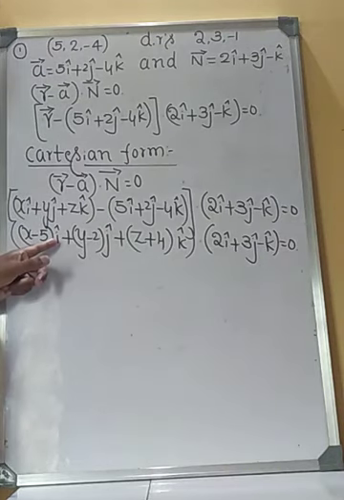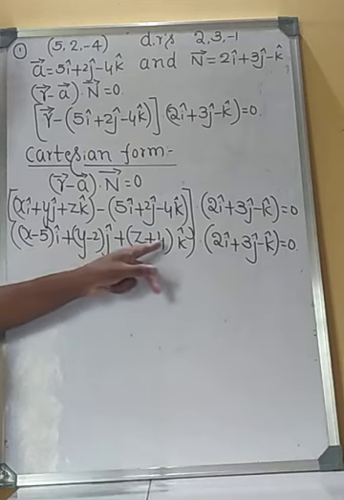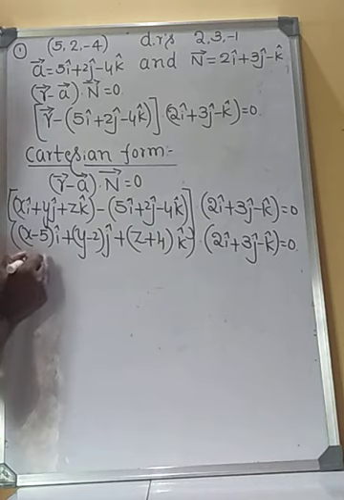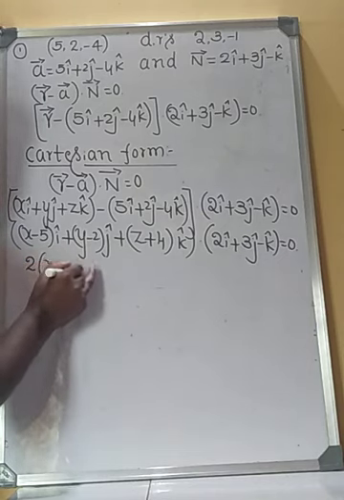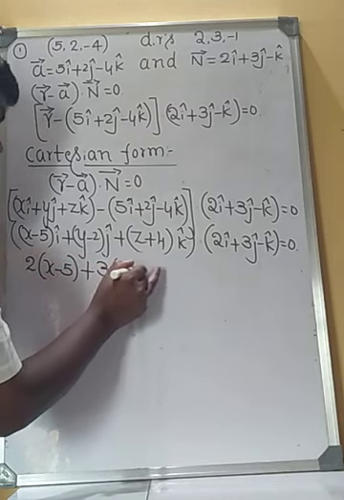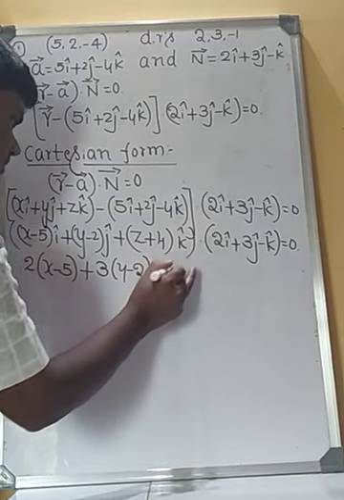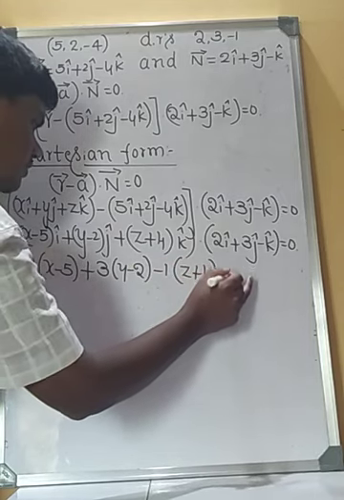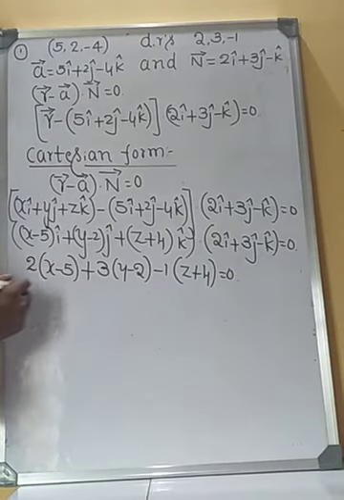Now equating the coefficients of i, j, k, therefore 2 into (x minus 5) plus 3 into (y minus 2) minus 1 into (z plus 4) equal to 0.